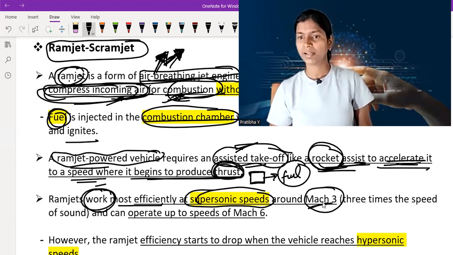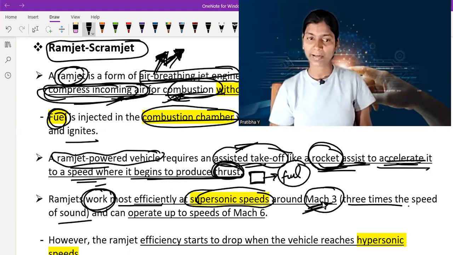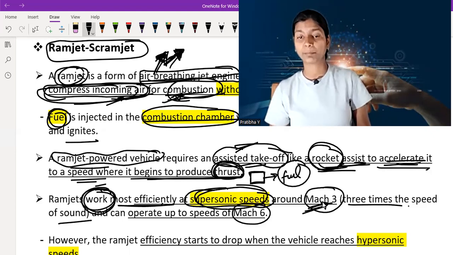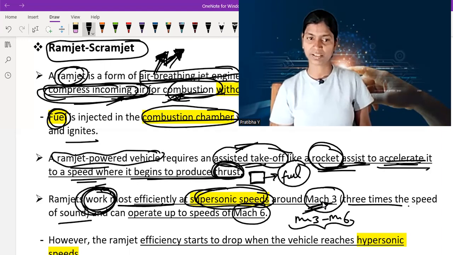What is Mach 3? Three times the speed of sound. Ramjets work most efficiently at supersonic speed and can operate up to a speed of Mach 6. So between Mach 3 and Mach 6, a ramjet works most efficiently.